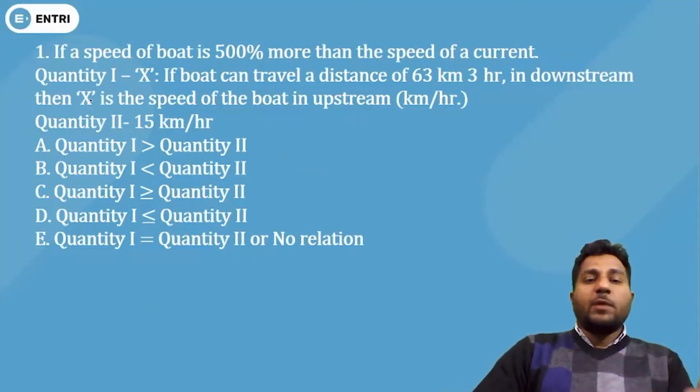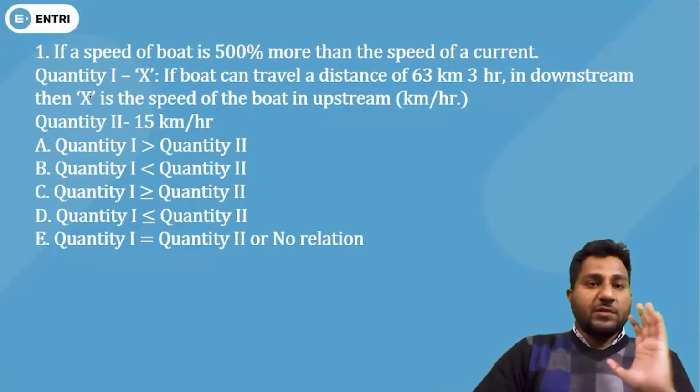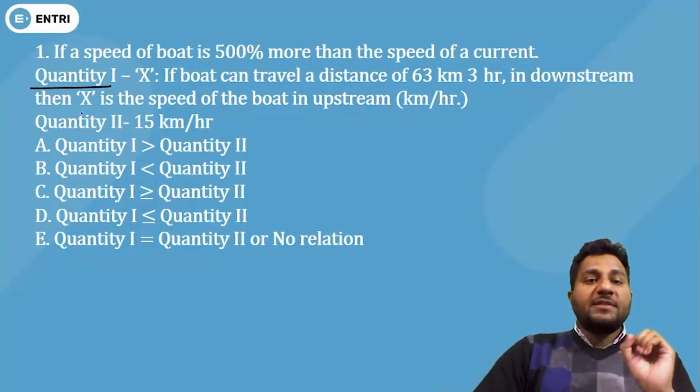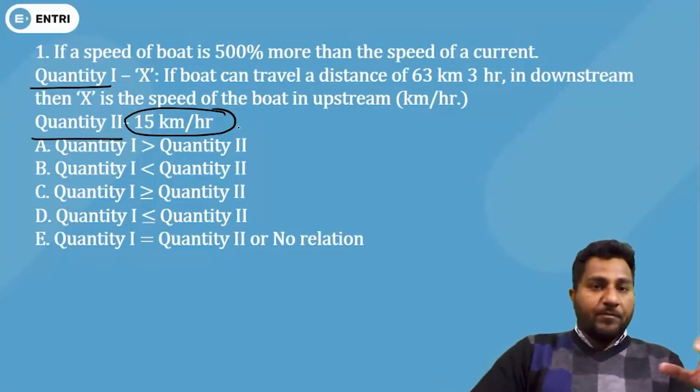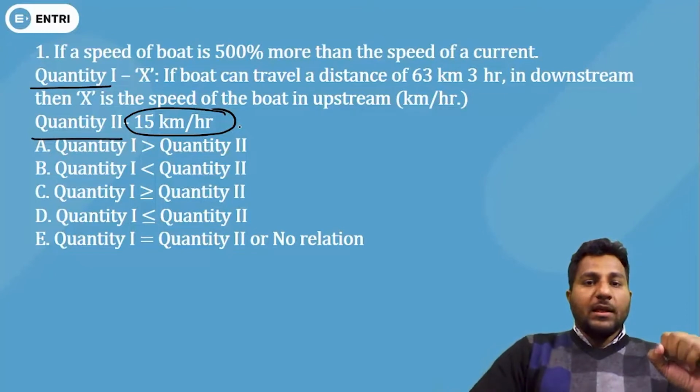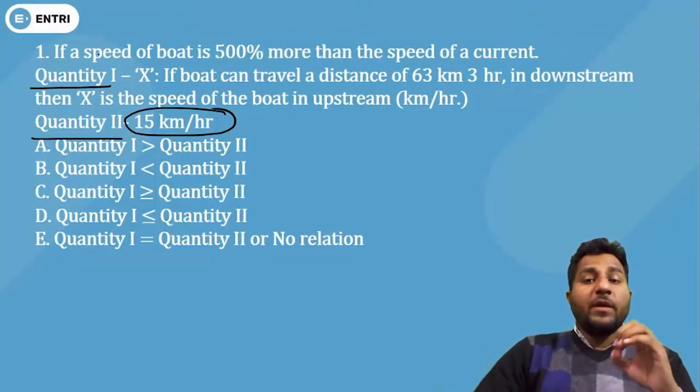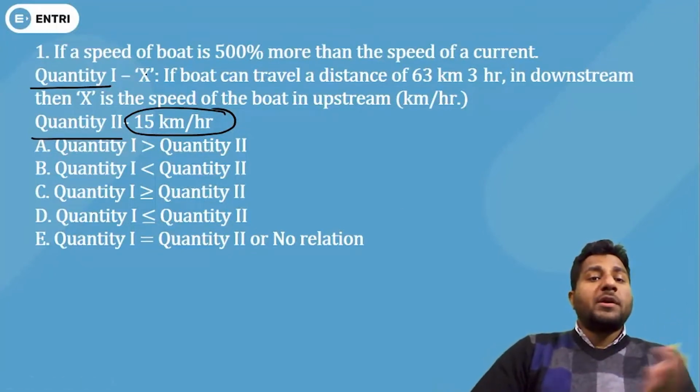It is a quantity 1 and quantity 2 based question. So you need to understand what stands for quantity 1 and what stands for quantity 2. Basically, for quantity 2 you don't need to solve anything because it has already been given as 15 km per hour. Now we need to find the quantity 1 data.